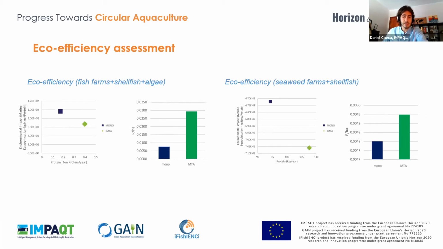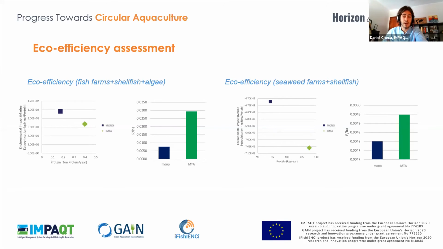And then on the other hand, IMTA enables an increase in biomass production by using the available space more efficiently by farming on multiple levels. This increase in biomass production is within the area currently used for monoculture.